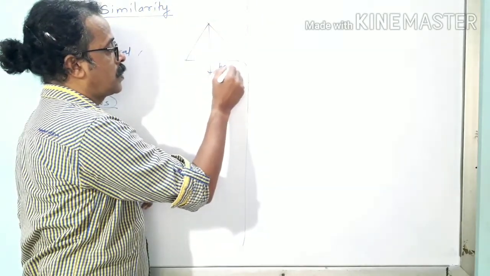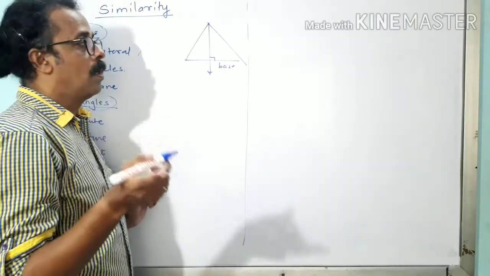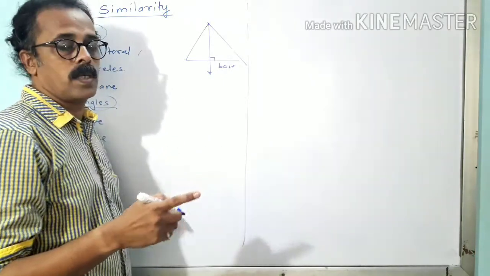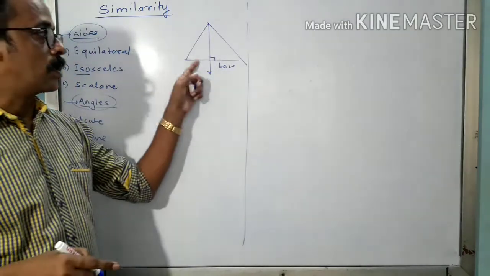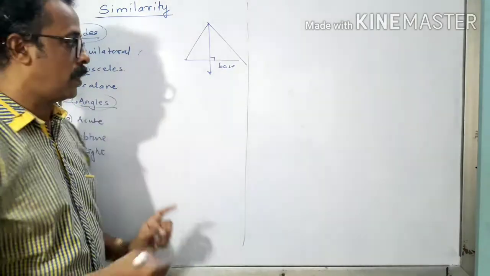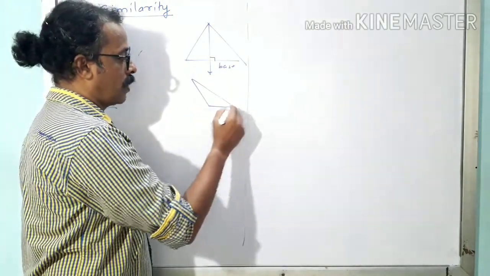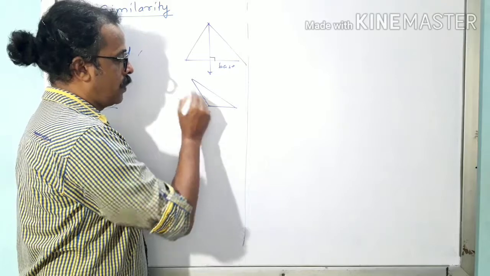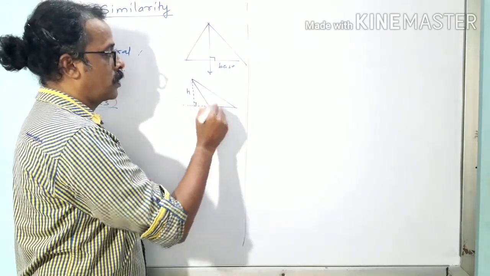If this is the base, the perpendicular drawn on it is the height; this is for an acute angle triangle. My next question for your groundwork is how you can draw the perpendicular on the sides for acute, obtuse and right angle triangles. My next diagram is about the obtuse angle triangle. I have to extend the base, then this is the perpendicular drawn, which is the height, and this is the base.